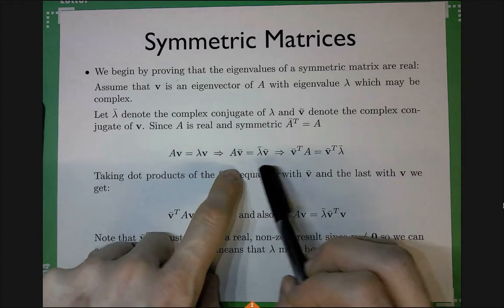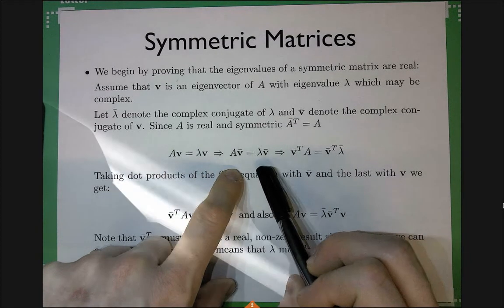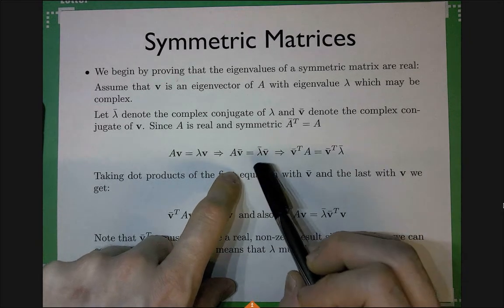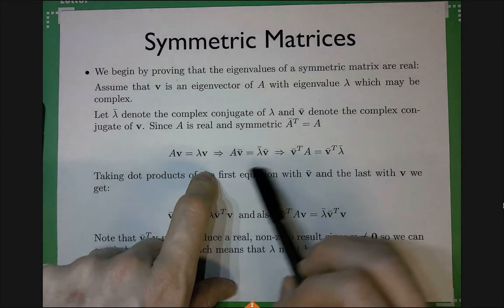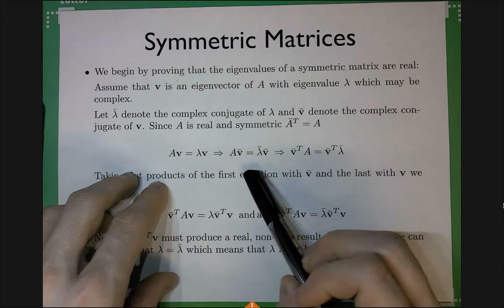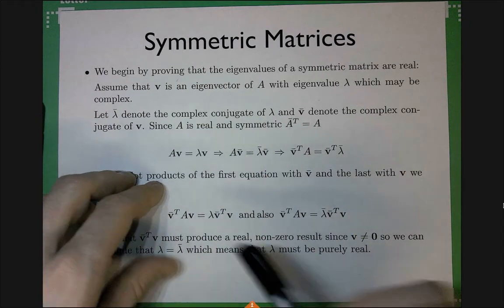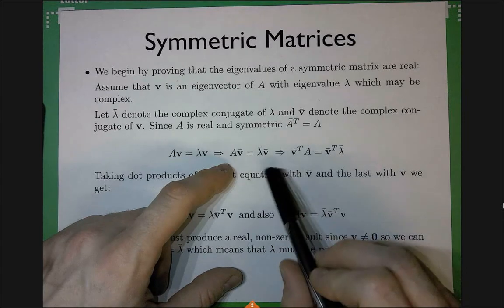And because they always come in complex conjugate pairs, lambda conjugate and v conjugate are also an eigenvalue and eigenvector, right? So this is also true. You could just conjugate both parts and then say that A conjugate is the same as A. But this is what we discussed before.